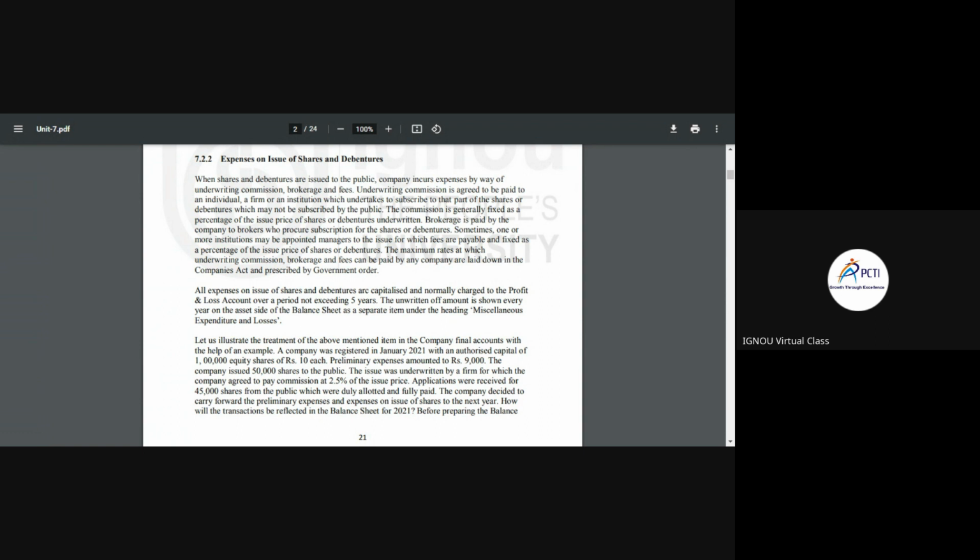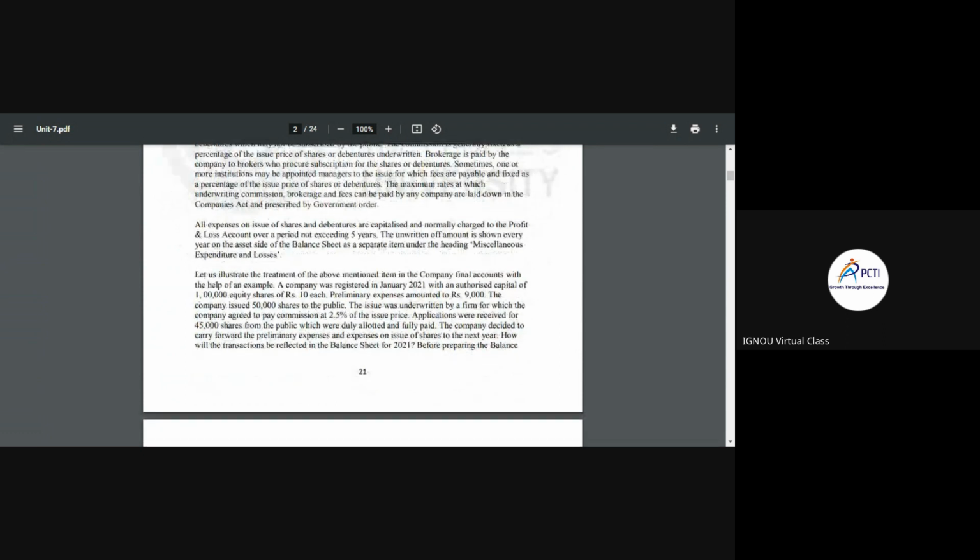All the expenses on issue of shares and debentures are capitalized and normally charged to the P&L account over a period not exceeding 5 years. That means the maximum period for the write-off of these expenses is 5 years, and the unwritten amount has to be shown every year on the asset side of the balance sheet as a separate item under the heading of miscellaneous expenditure and losses.